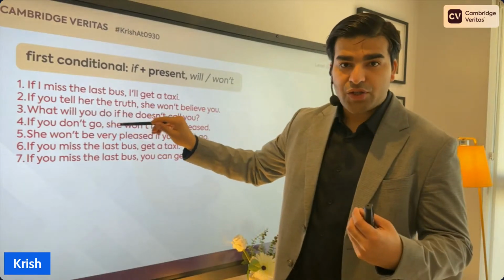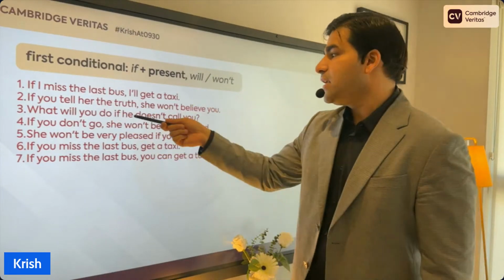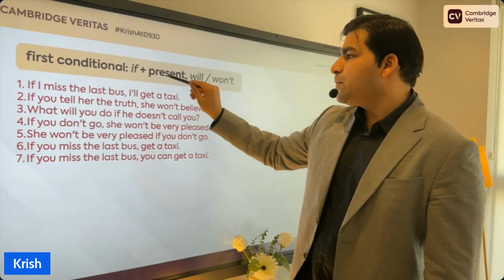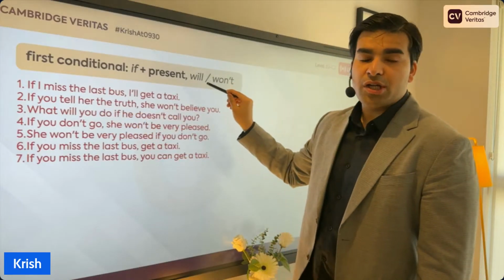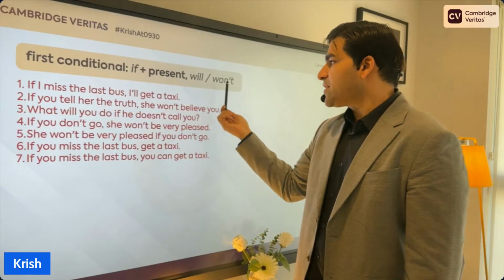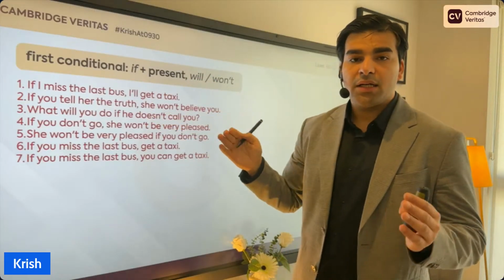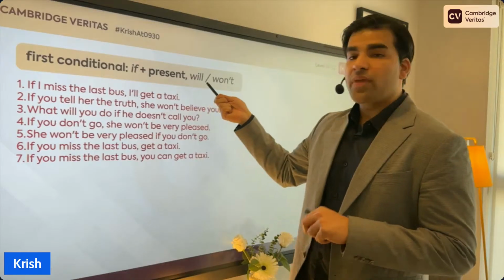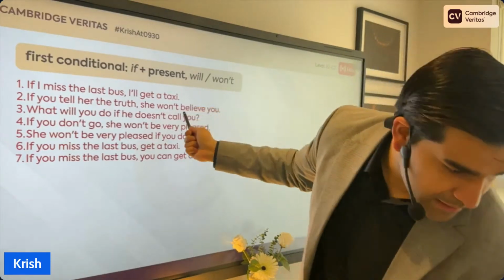This is a question, so you can swap the structure as well, and that's totally fine. If he doesn't call you, present. What will you do? Future. So it doesn't matter if the result comes first and the condition comes later. It is with if you use present, and with the result you use will or won't. All right, if you understand this, please let me know.